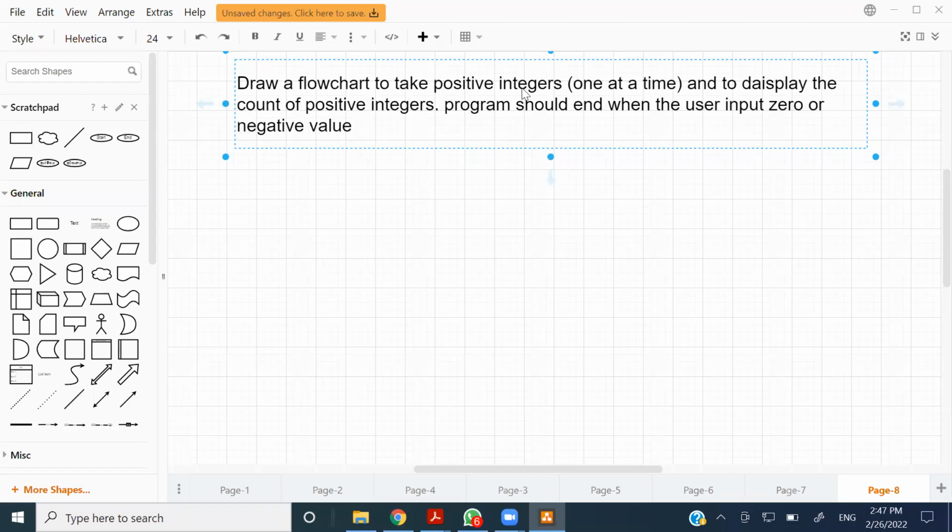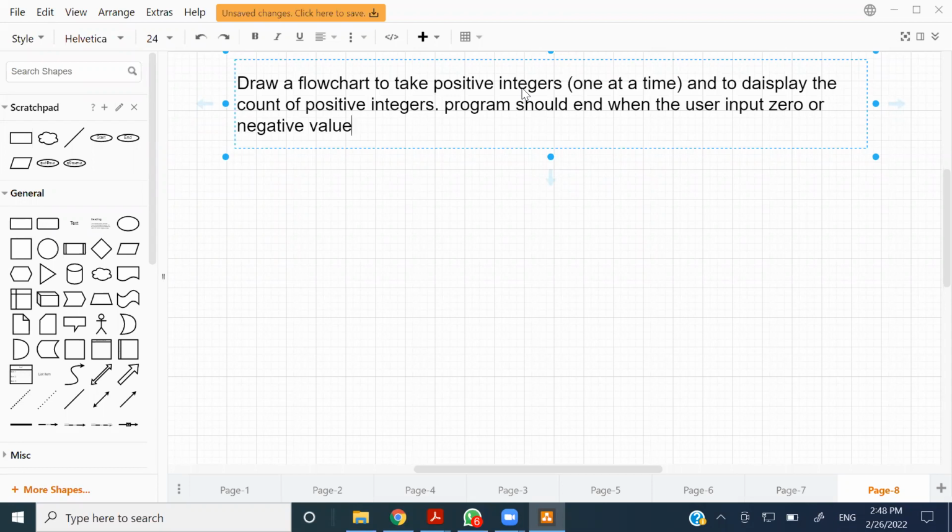That means at the end of the program, your program should display the count. If you have given 3 numbers, your output should be 3. If you have given 5 numbers, your output should be 5. Now you don't have a requirement of getting the total of the positive numbers.